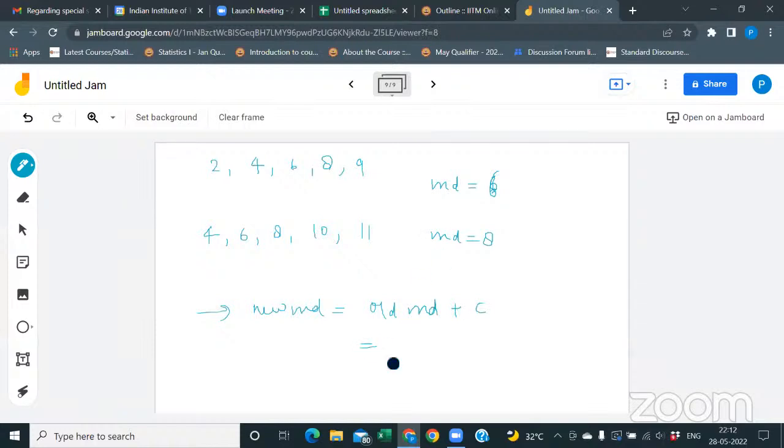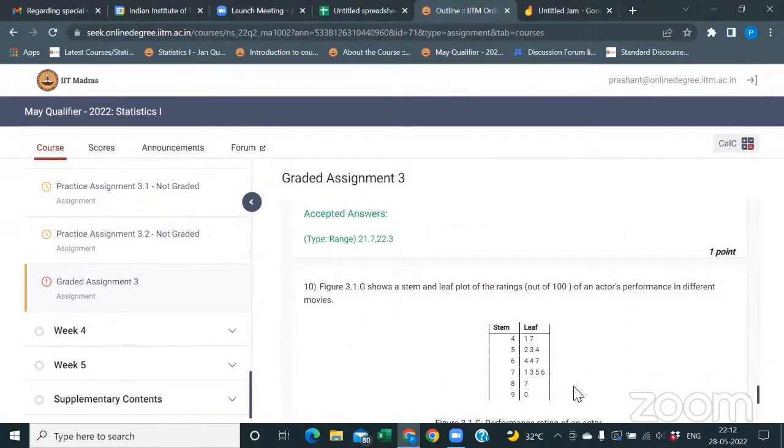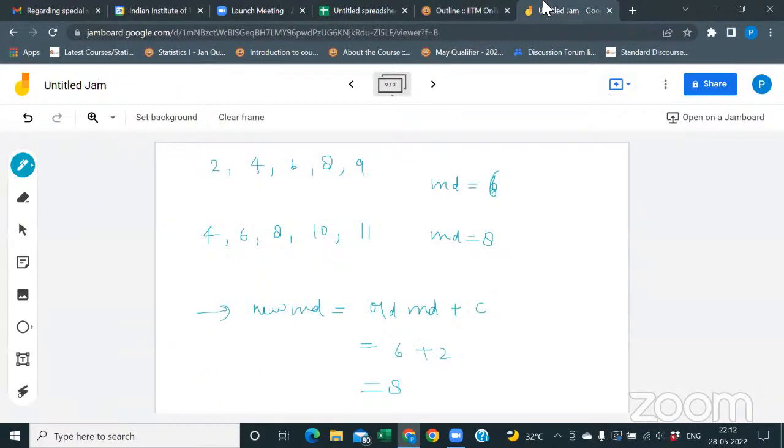Your old median is 6, constant is 2, so you will directly get 8. So in this question, if you have calculated the median, directly add the constant. Or you can add the 2 or 3, whatever the constant is, to all the data points, and after that calculate the median.